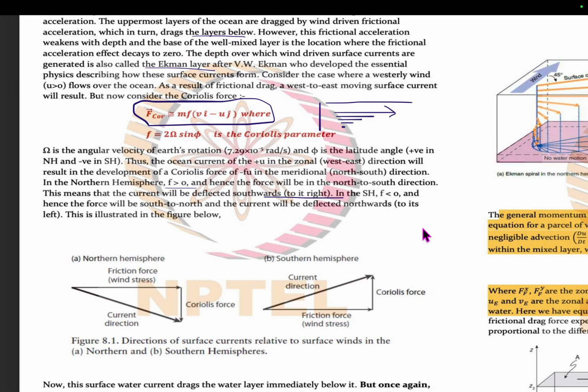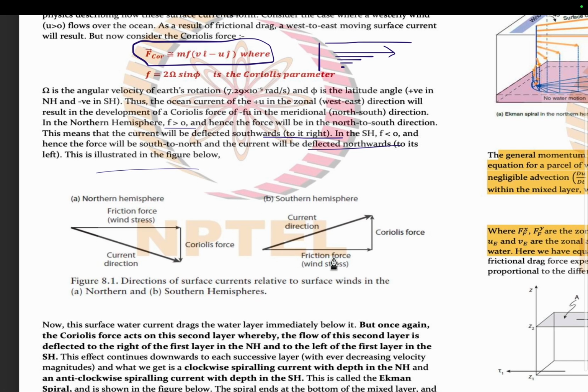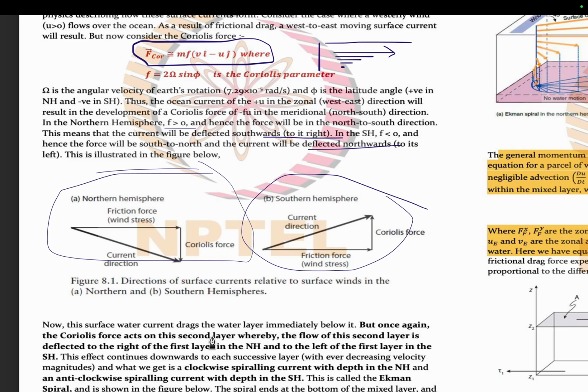But in the southern hemisphere, if such a zonal velocity u greater than 0 exists, as f is less than 0, this will deflect towards the left, which has been shown clearly in these figures for the southern hemisphere and the northern hemisphere.